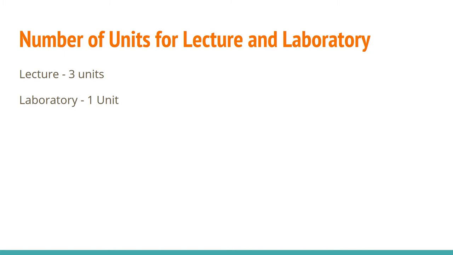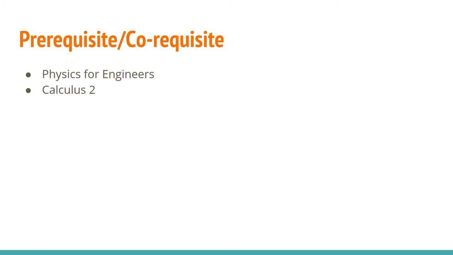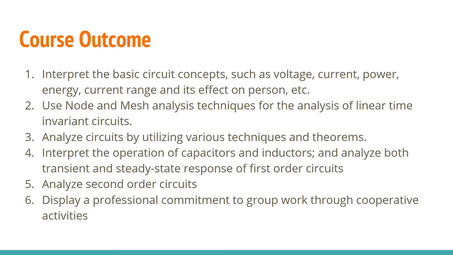So, every week you have 6 hours of classes in this subject. Number of contact hours per week: lecture 3 hours, laboratory 3 hours. Prerequisite or co-requisite: physics for engineers, and then calculus 2.